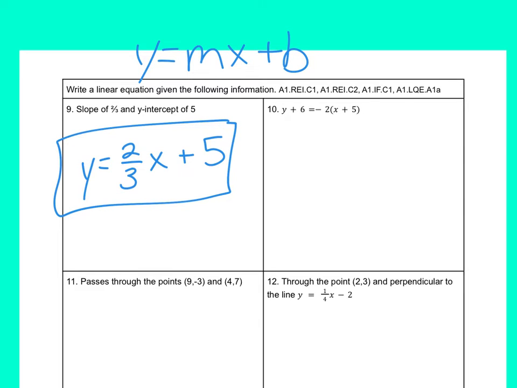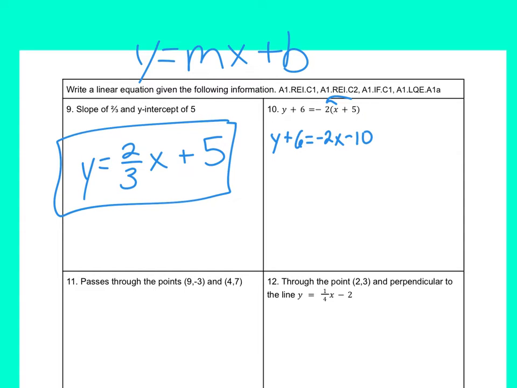Okay. The next one, is that in y equals mx plus b? No, so I need to get it in there. How would I do that? Yeah, we'll distribute first. So negative 2 times x. Negative 2 times 5. Yep, minus 10.